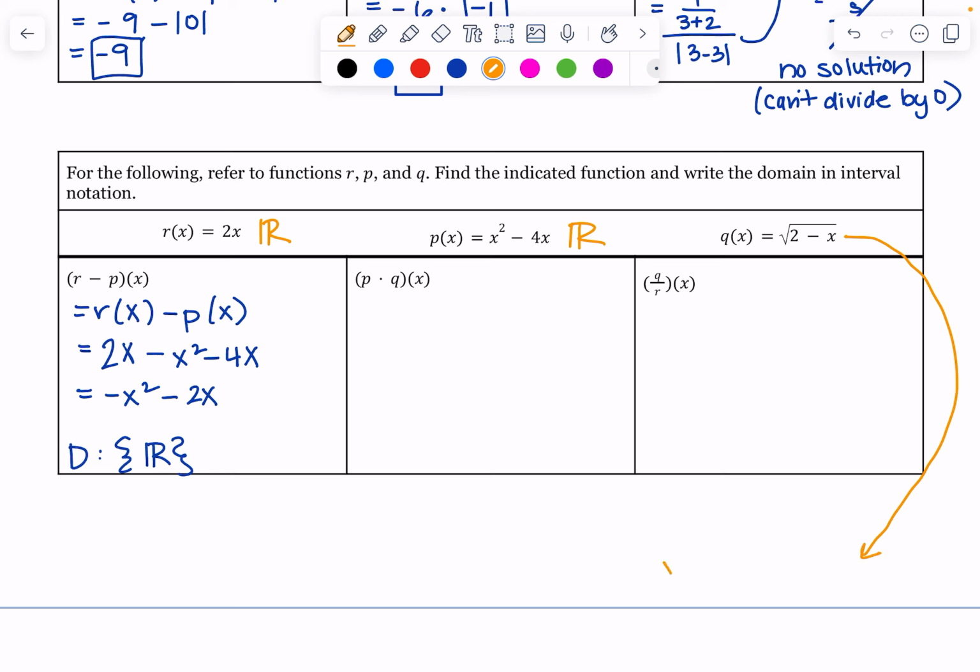Because there's a radical, we need everything under here to be greater than or equal to 0, because you can't have a negative number under the radical if it's a function.